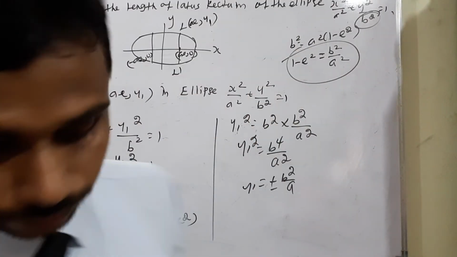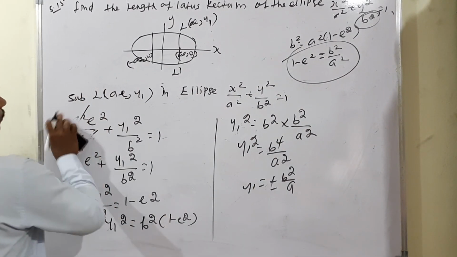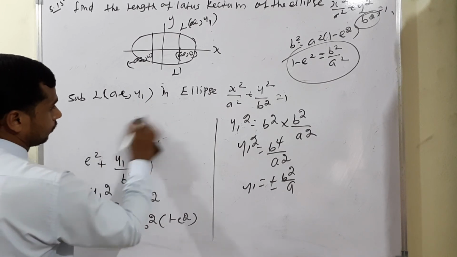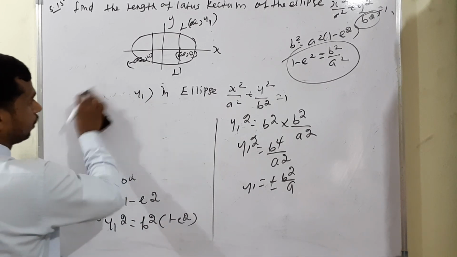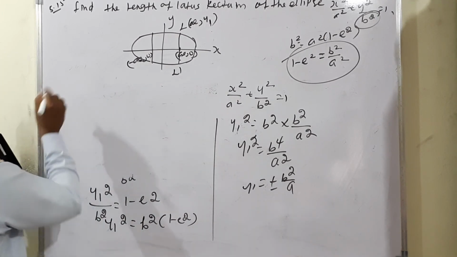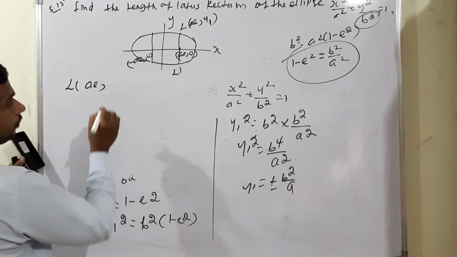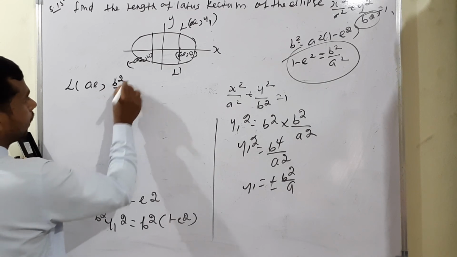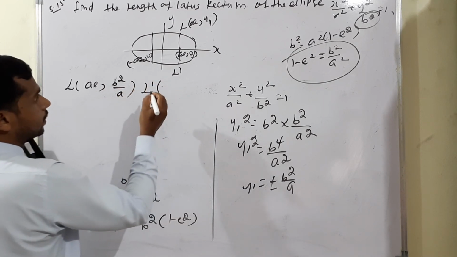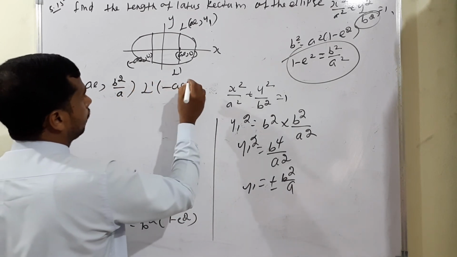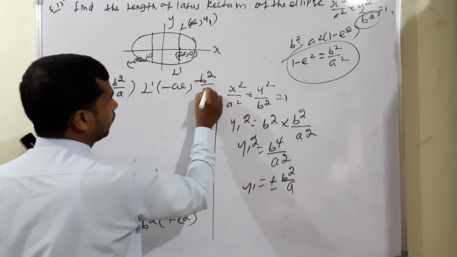Therefore, L is ae comma positive b square by a, then L dash is ae comma negative b square by a.